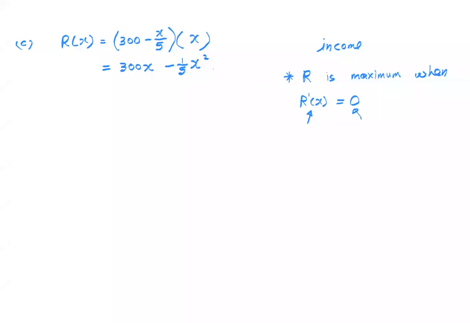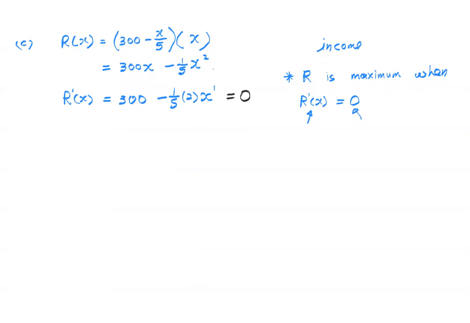So now I differentiate this. Rate of change of 300x will be 300. Take away, multiply by the power, take away 1. So I can straight away put this equal to 0.